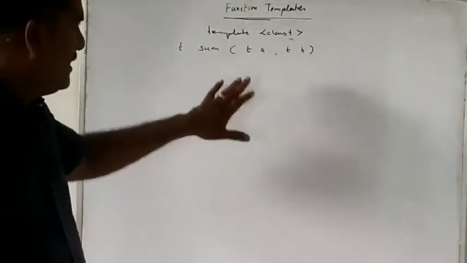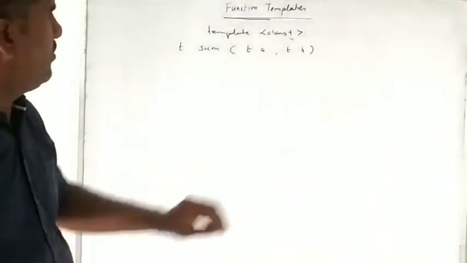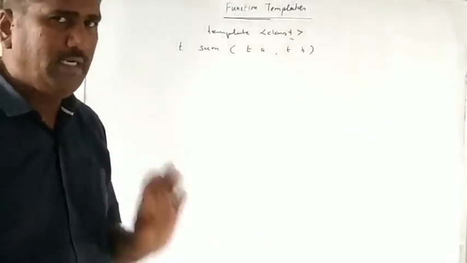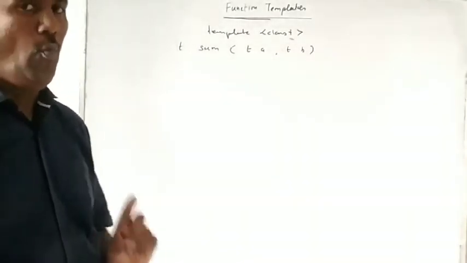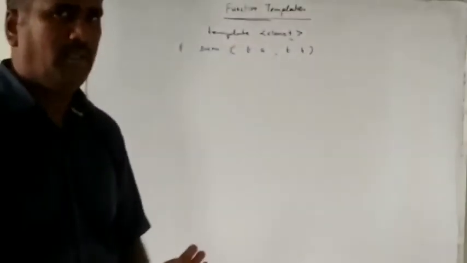Suppose you pass integer, then T acts as an integer data type. Suppose you pass float, then T acts as a float data type. So one common data type is used for passing the arguments.